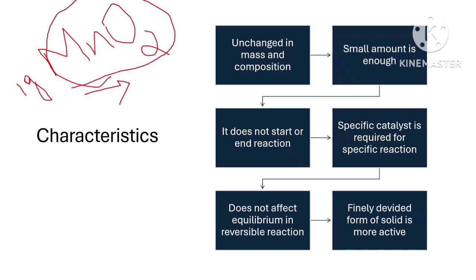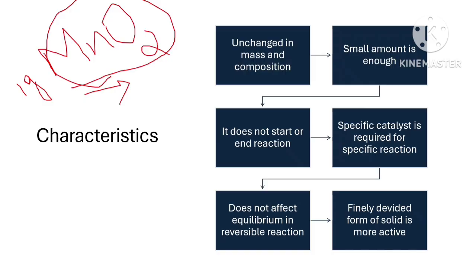It will only shorten the time to reach the equilibrium state. It means in the presence of a catalyst, the time to reach equilibrium will be small compared to when we are not using a catalyst. Understood? Okay.